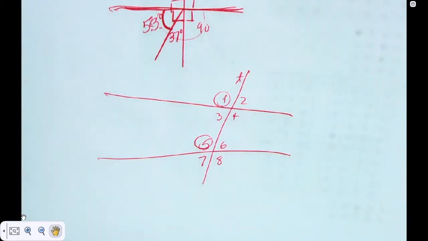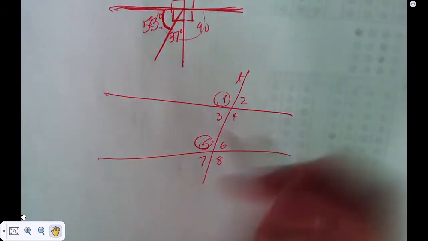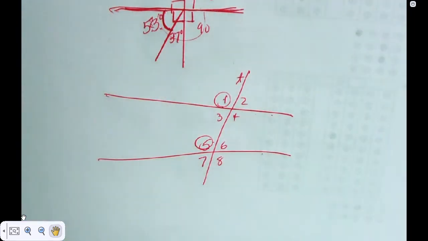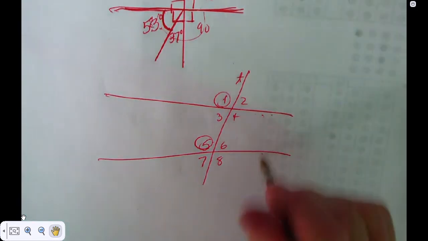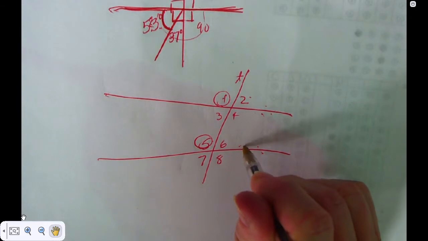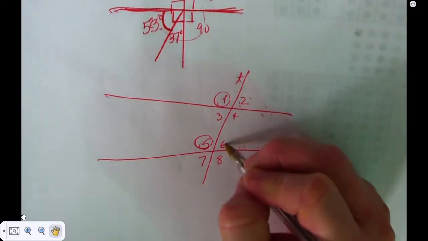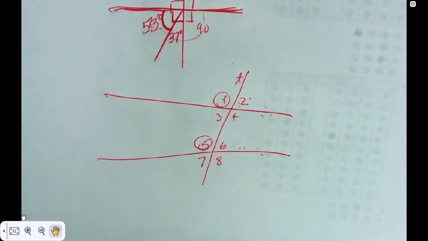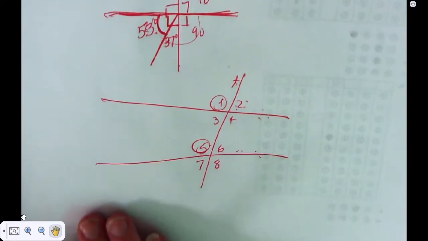Why are they not congruent? Because these two lines are not parallel. So 2 and 6 correspond, but they're not congruent. Does everybody get that? Okay.